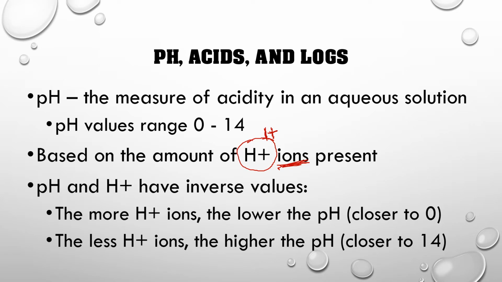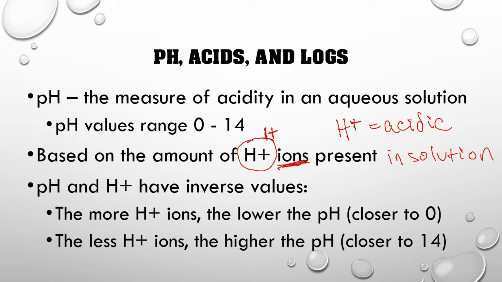The amount of hydrogen ions present in the solution is how pH is measured, because the hydrogen ion is acidic.